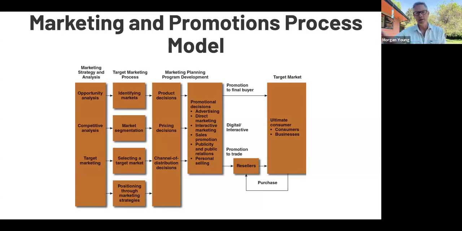And then we're not going to talk too much about marketing planning and program development. That gets a little too deep into the business world for what we're talking about today. But that would be pricing decisions, channels of distribution, and marketing product decisions, such as if we're going to do an extension, are we going to take Disney, the animation company, and turn that into a theme park, and then turn that into a travel company, and so on and so forth.